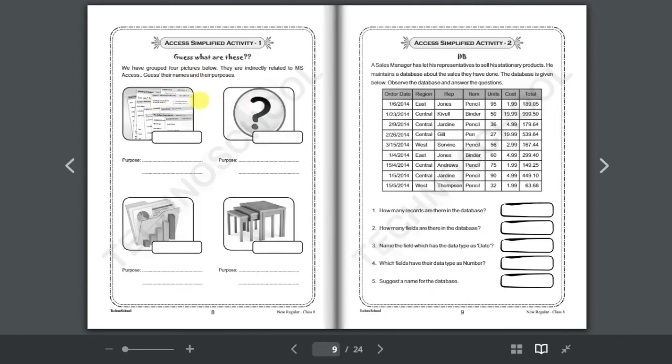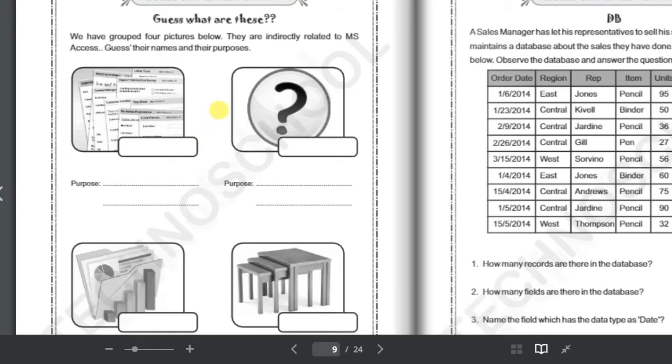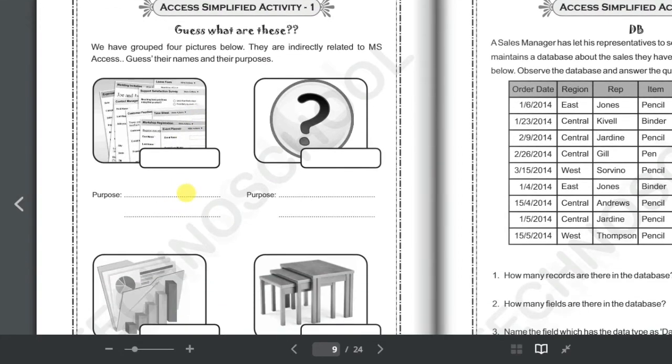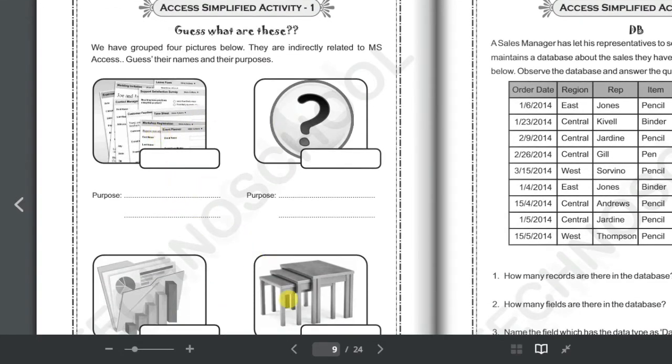Yes, this is the basic activity. It's a very simple activity. Guess what these are. We have a group of four pictures below. They are indirectly related to MS Access. Guess their names and their purpose. Look at these icons. So what are these icons?